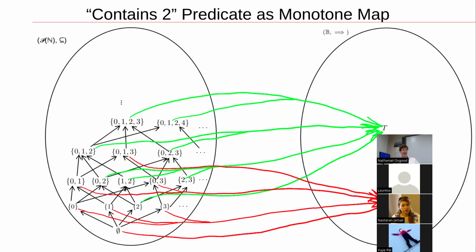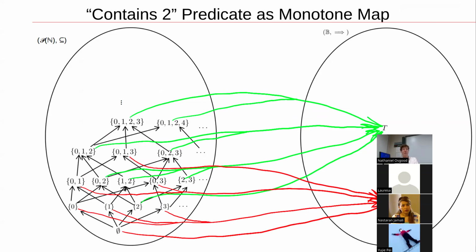Can you give me a counterexample? This is kind of a fun one. Does the empty set contain 2?